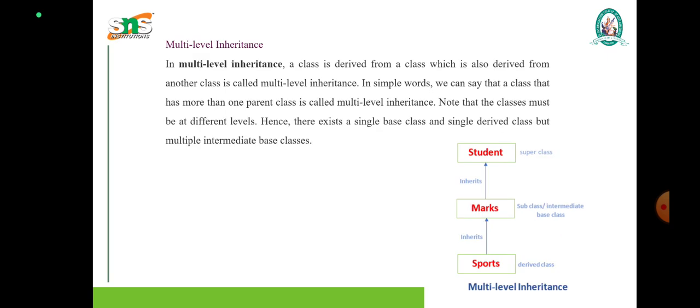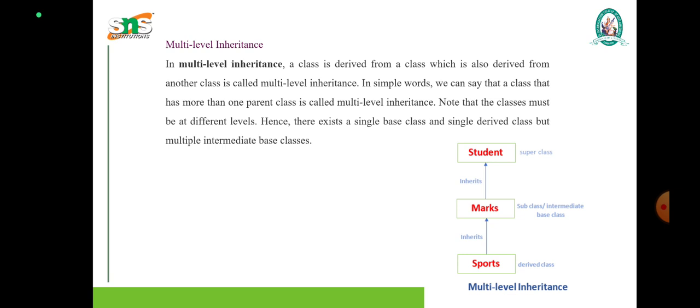Next one is, we are going to see about multi-level inheritance. In multi-level inheritance, a class is derived from another class which is also derived from another class, and it is called multi-level inheritance. In simple words, we can say that a class that has more than one parent class is called multi-level inheritance.